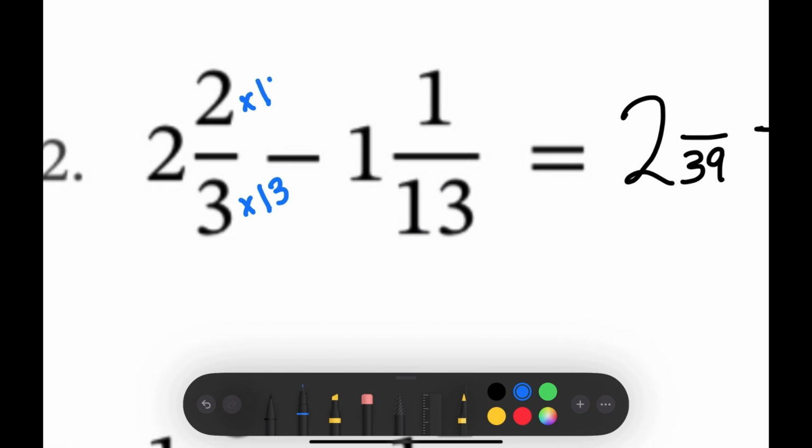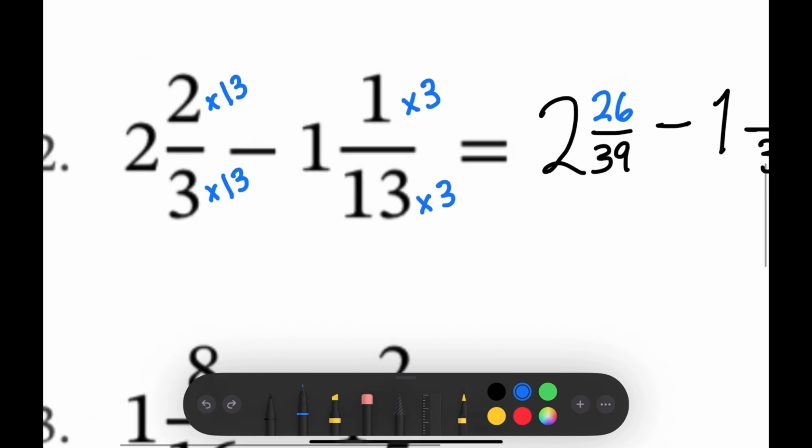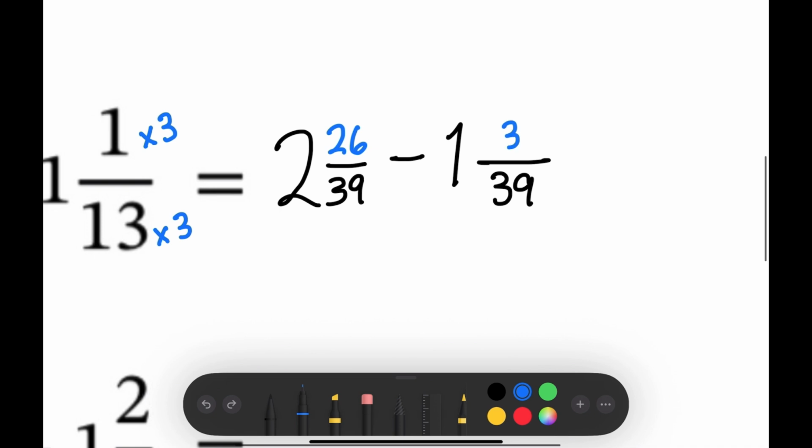So we're going to multiply 2 by 13, which will give us 26. Now over here, we multiplied 13 by 3. So whatever we do at the bottom, we do at the top. So we multiply the top by 3. 1 times 3 is 3.